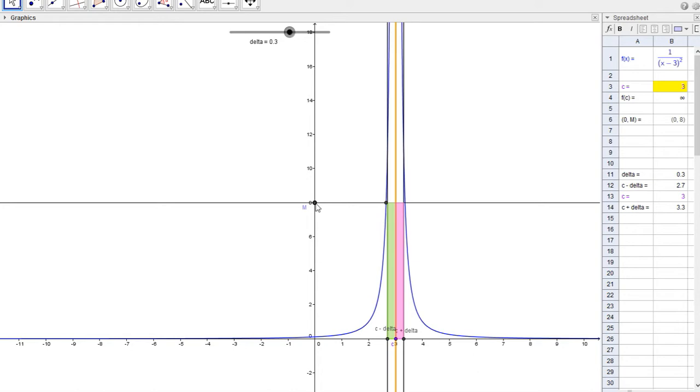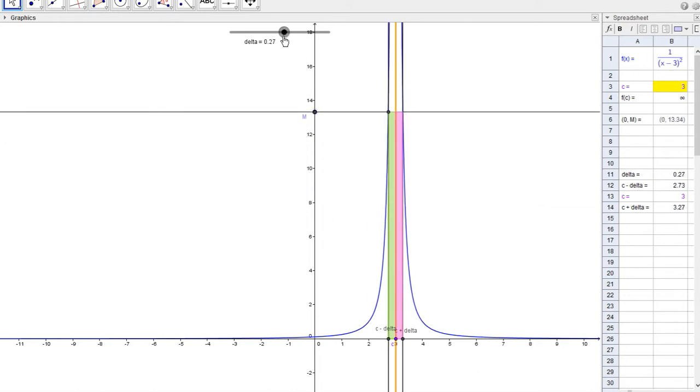They're all definitely above that value for m. And if we make m a little higher, we need to bring this delta in a little smaller. And again, we see all the y values are above that if we're between these two vertical lines at c minus delta and c, so the limit from the left is infinity.